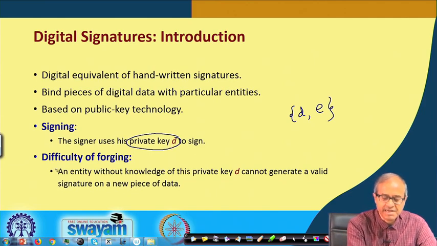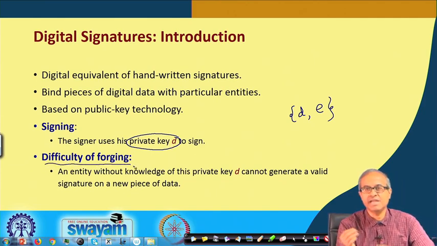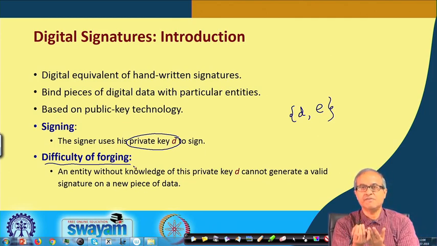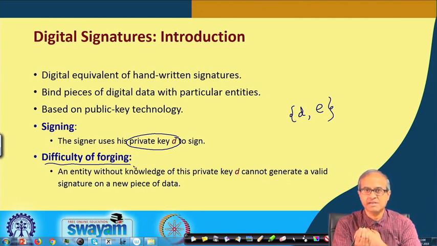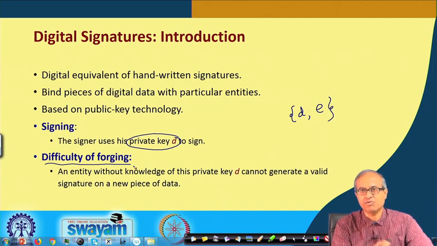And the point is that it is difficult to forge, because anyone else cannot generate the same signature, because the value of D is only lying with me, and it is not easy for anyone else to guess or break what the value of D was.